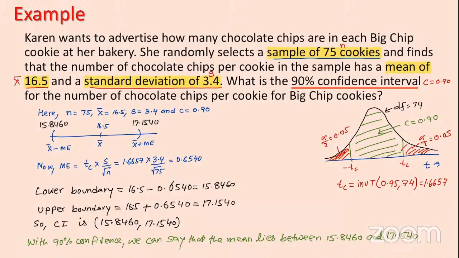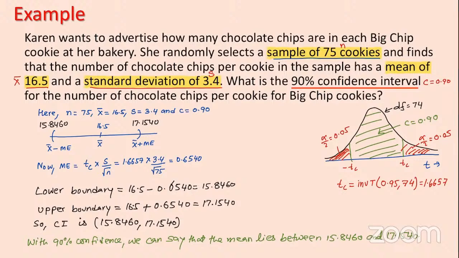You said the margin of error, right? Yes. Okay. Multiplied to standard deviation is 3.4. And then we divide that by the square root of 75. Did you put 75? Yes, sir.